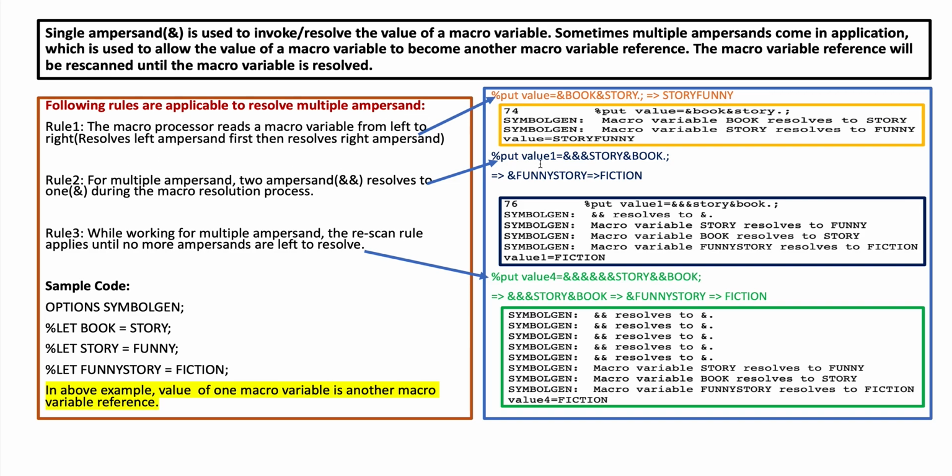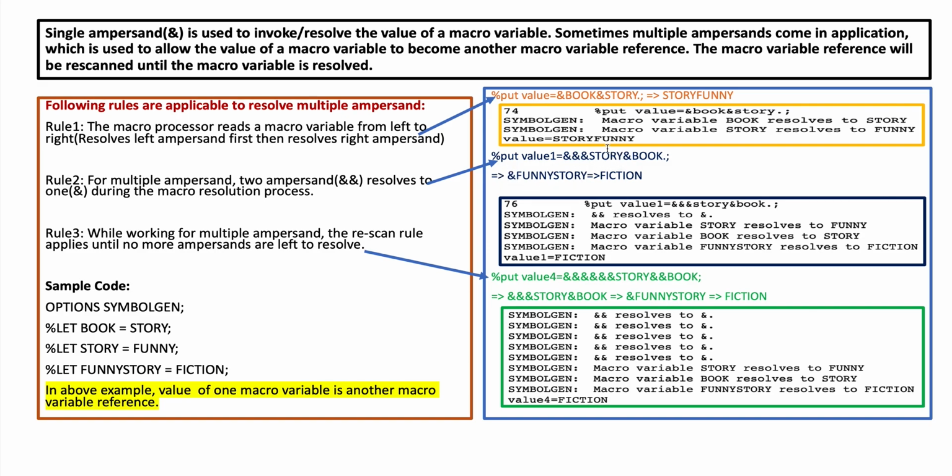Here is an example. We are going to print this value 1, %put value 1. Its value is three ampersands here, &&&story &book. In this condition, what happens first? First, these two ampersands resolve to one ampersand.